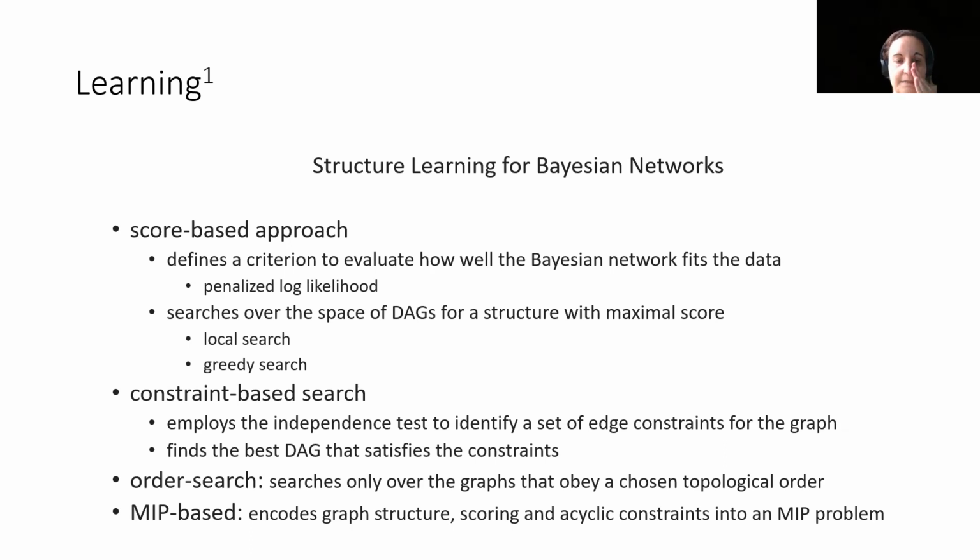Variations of this concern how to search the graph, like in what order to expand the graph, or to make it smaller, or to add more branches, and how to incorporate the score in the search technique, again using the MIP approach that we described in the previous slides.